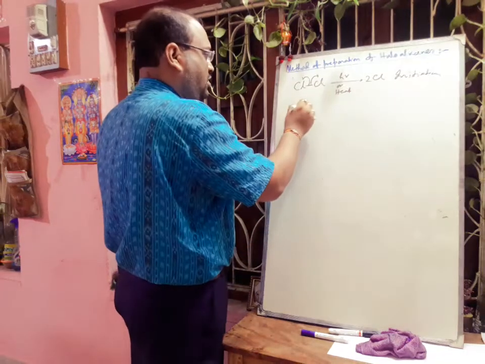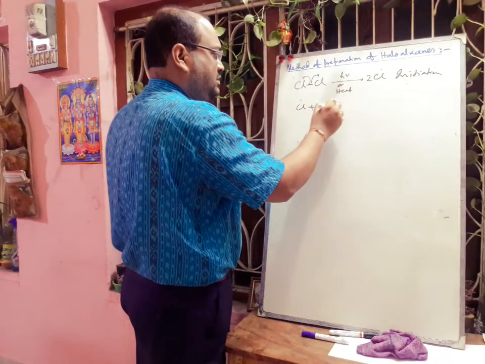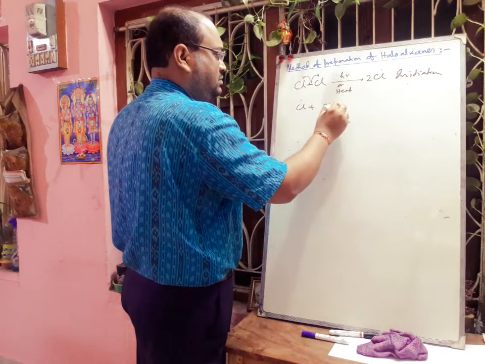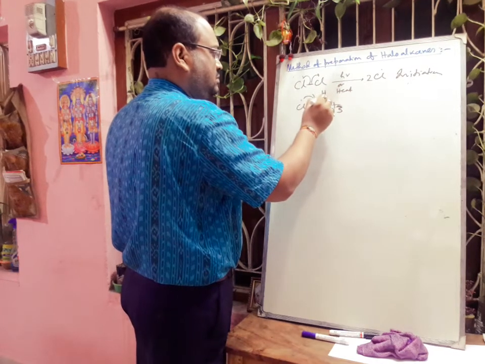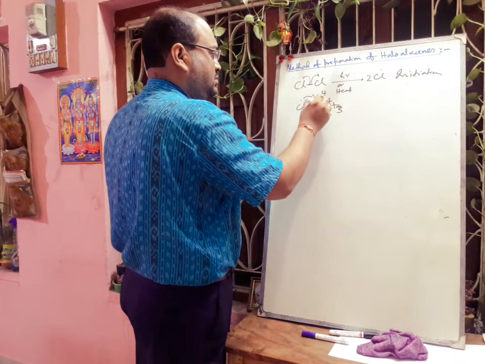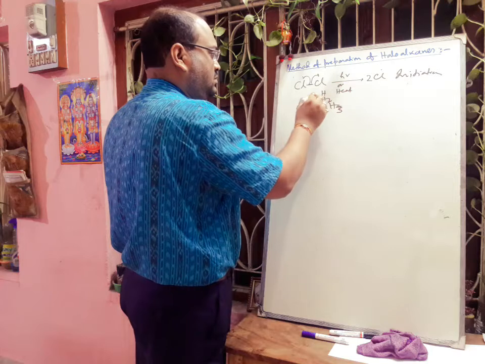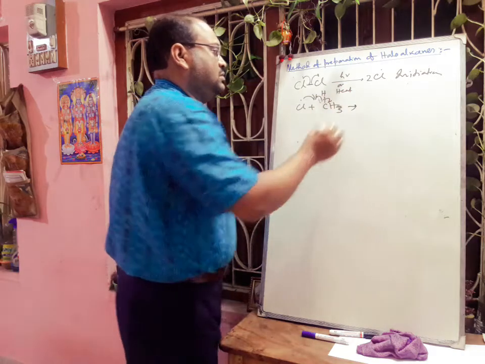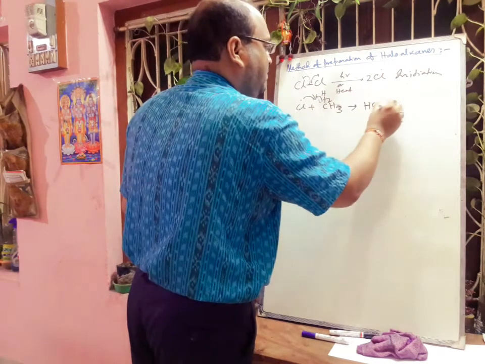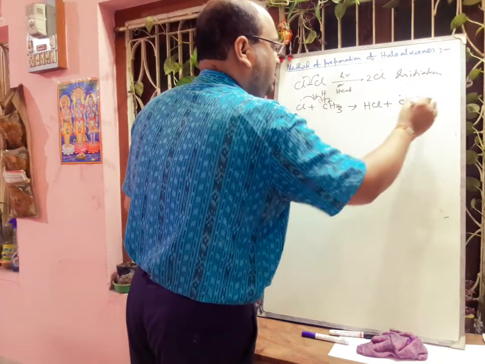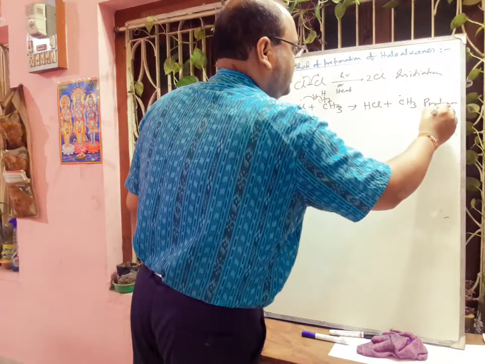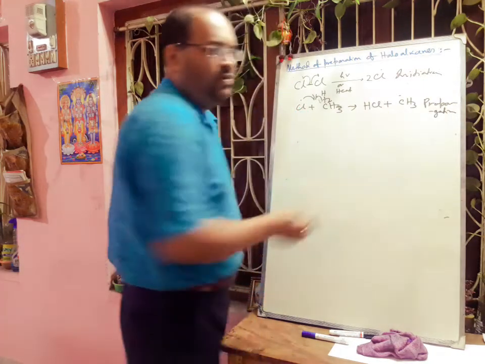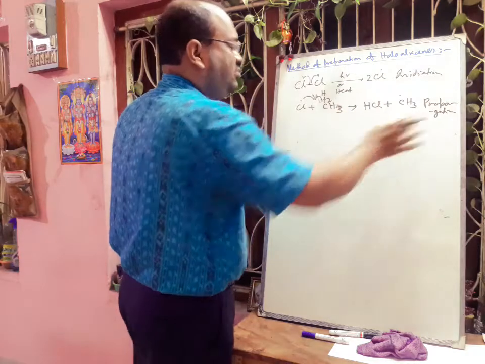Next, this Cl dot will react with one methane and we will get HCl plus CH3 dot. This step is called propagation. This is a chain type of reaction, so this is chain initiation, chain propagation.